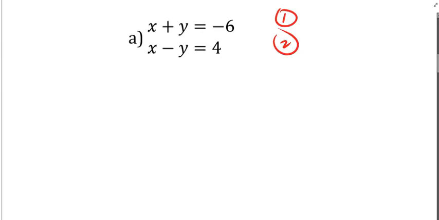So here's what we're going to do. I'm going to add these 2 equations. It's weird, but I'm going to add them. If I add x plus x, what do I get? 2x. Didn't eliminate. So adding was wrong in that case. If I subtract x minus x, 1x minus 1x, what do I get?